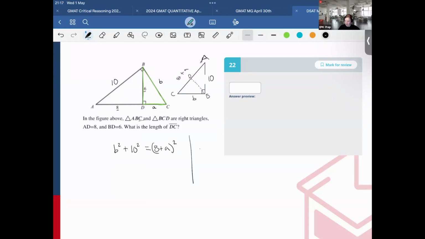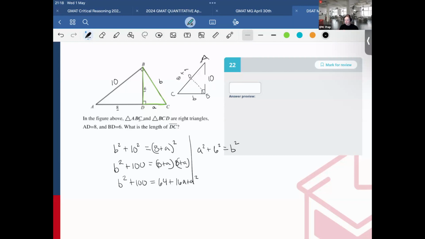So this would be A squared plus 6 squared is equal to B squared. Okay, and so let's go ahead and expand the brackets here. So this is 100, and this would be 8 plus A. Remember to expand the brackets. So this becomes B squared plus 100 is equal to 64 plus 16A plus A squared.